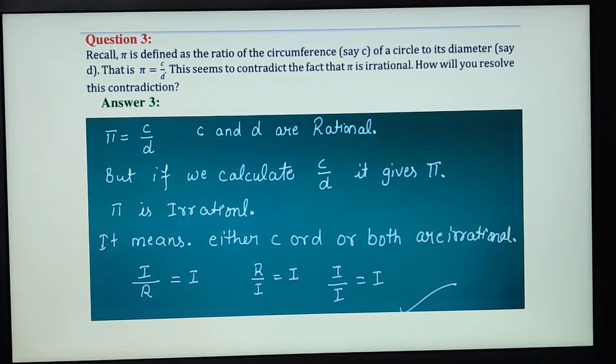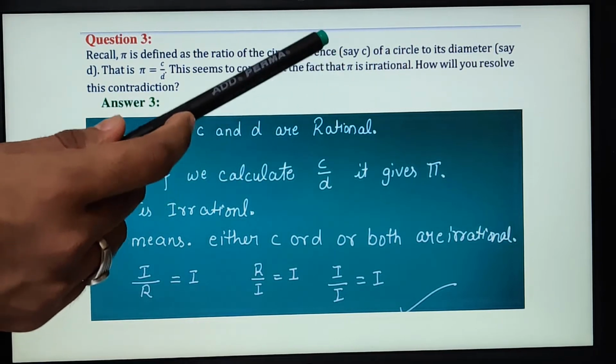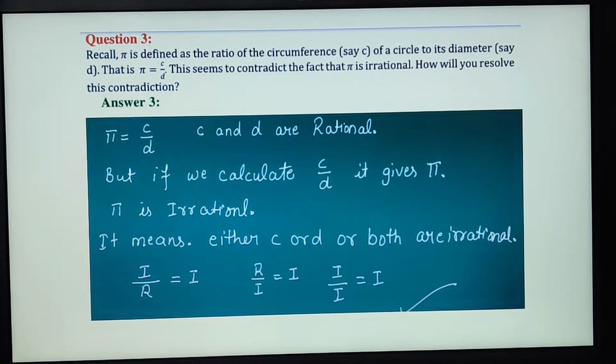Now question number 3. The question given is: recall pi is defined as the ratio of the circumference of a circle to its diameter. We know that in 8th standard we have studied that the circumference of a circle is 2 pi r, or we can write pi d.